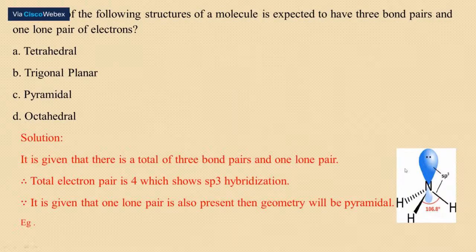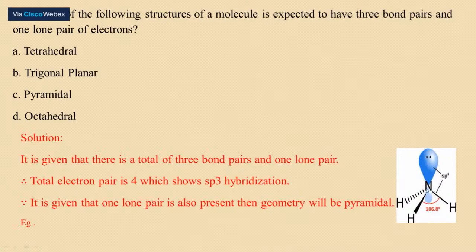If there are no lone pairs and all the electron pairs are involved in bond formation, then the regular structure is tetrahedral. But here, as we are finding 1 lone pair, this has a pyramidal structure, and the best example to remember is ammonia, where we find 1 lone pair over the central atom.